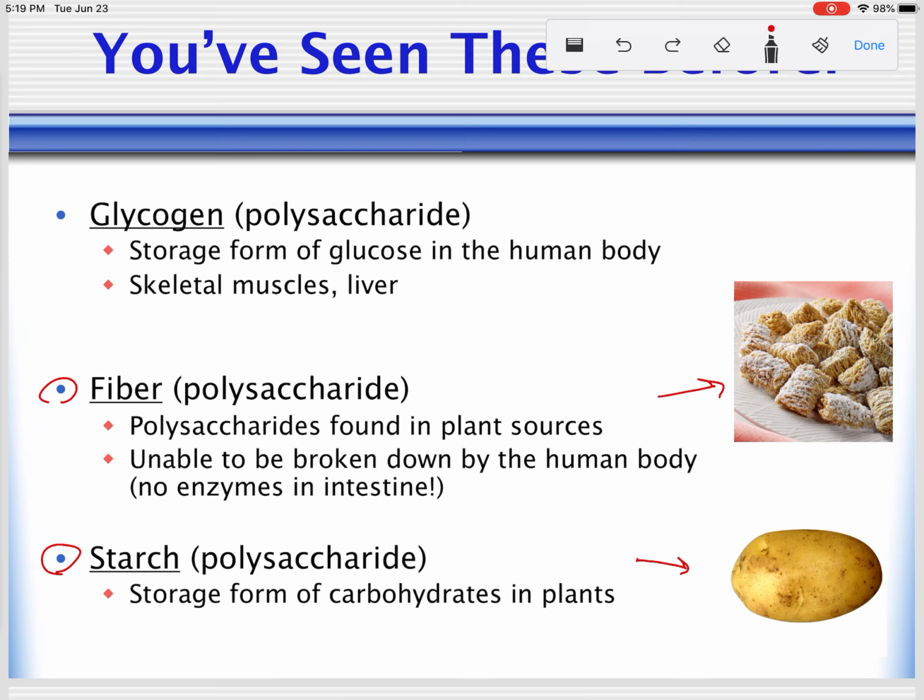And then lastly, let's talk about glycogen. Make sure you know the definition of glycogen. Glycogen is stored sugar. And let's just make sure we really understand this. So we have glucose, which we've already talked about, and now we're adding glycogen.